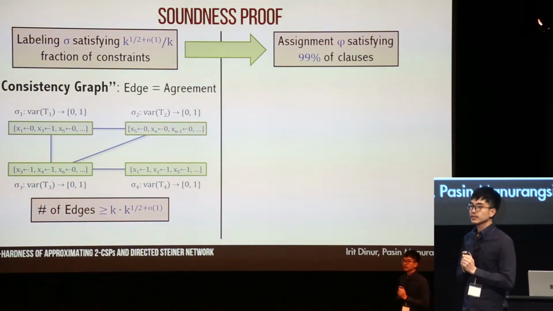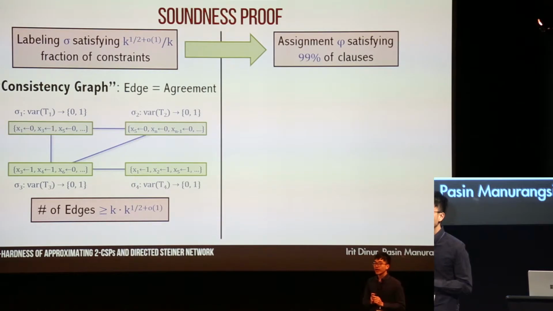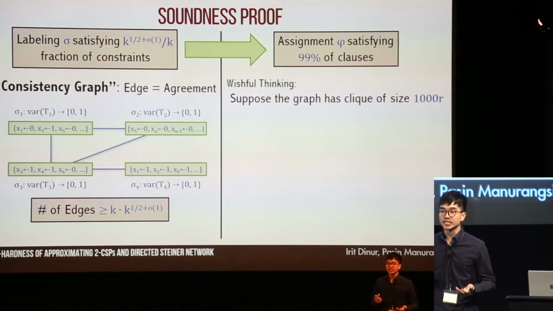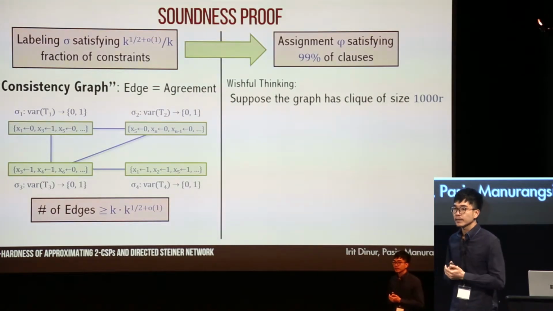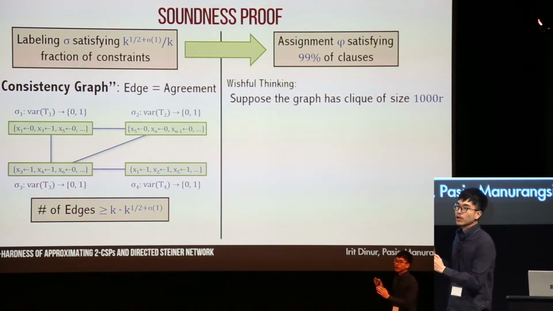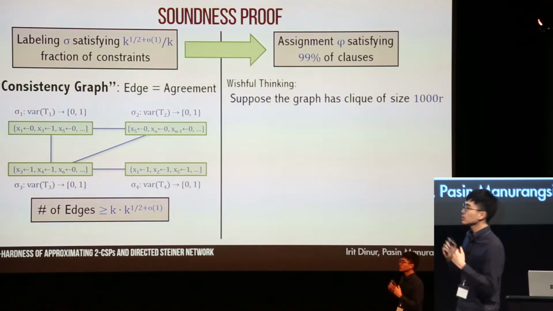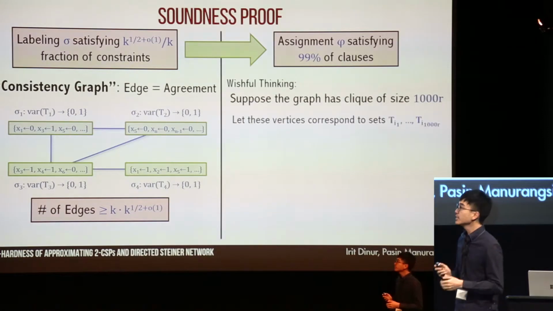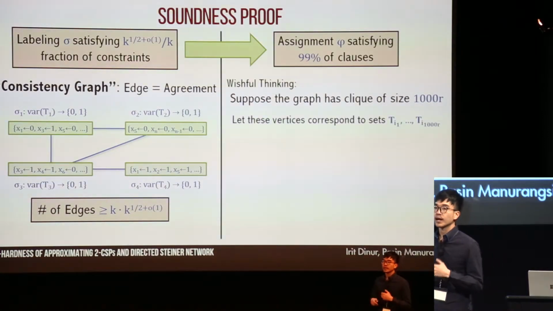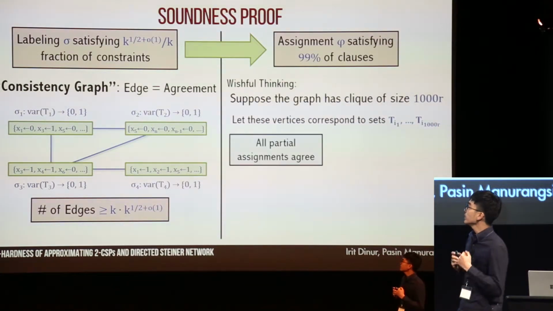Let's do the following thought experiment. Suppose that somehow our graph has a clique of a pretty large size, let's say a clique of size 1,000 times r. In general, we will not have this, but it will be a good starting point in getting to the actual argument. What does it mean? It means that we have 1,000 times r partial assignments that all agree with each other.